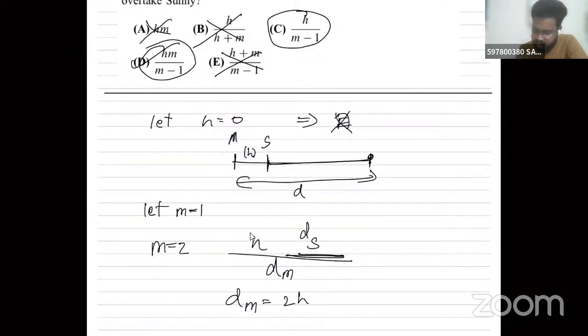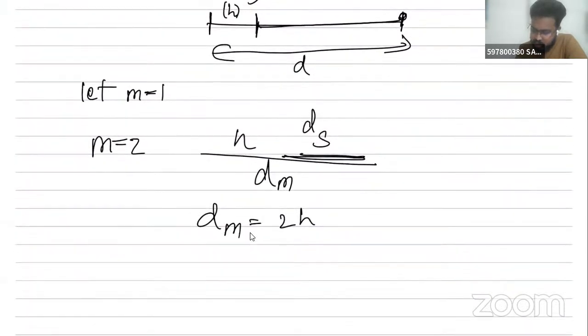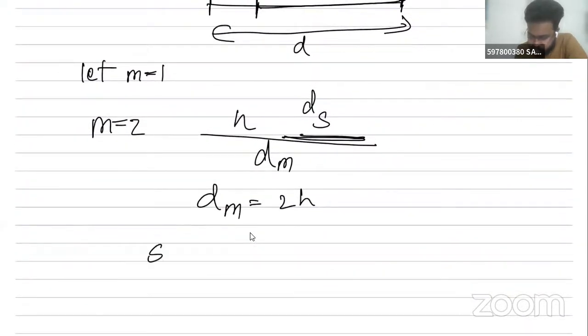Otherwise, you can do it in the correct manner in which you should do a subjective paper. So we'll assume the speed of Sunny is equal to s.